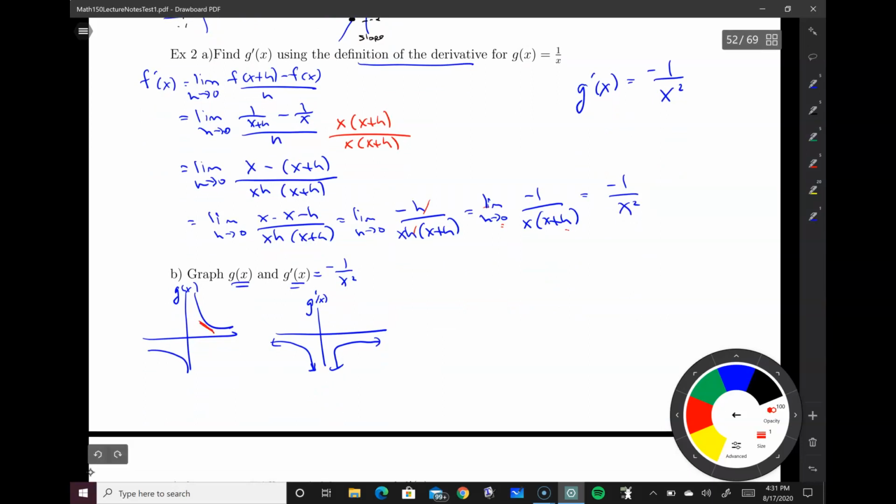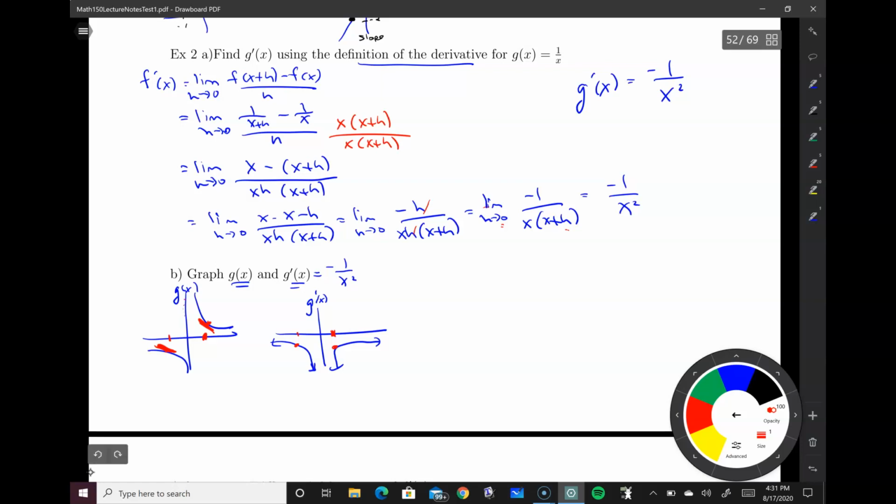If I draw a tangent line at that point right there, it looks like some negative number. The y value associated with that point is a negative number. If I make a tangent line right here, that's a small negative number, negative slope. And if I pick that same point over here, that's a small negative number.